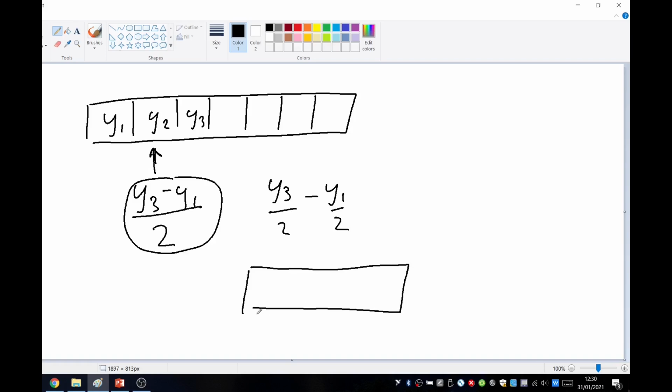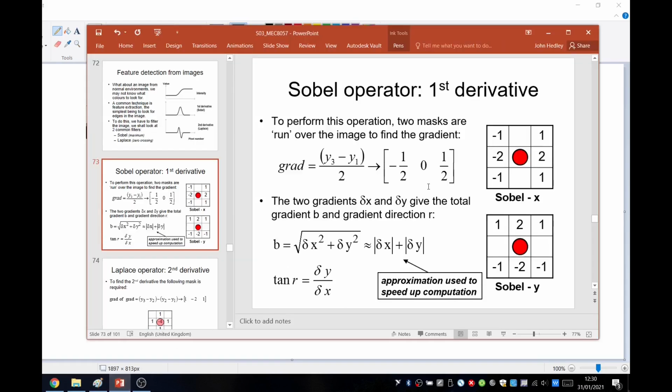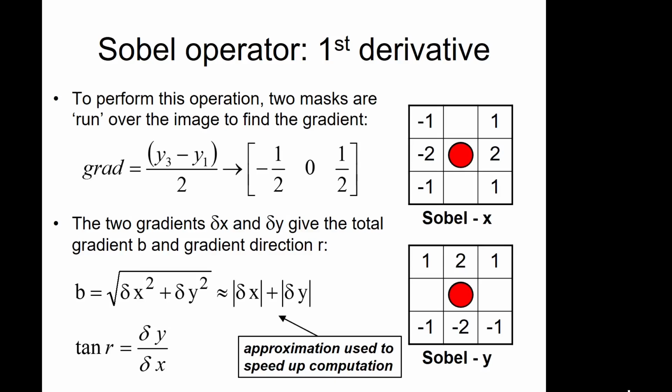And if this is y1, and that is y2, and that is y3, essentially we're taking minus a half of that value, none of that, and plus a half of that value. So the gradient at that point is minus a half of that value, plus a half of that value. So this is what we have here.